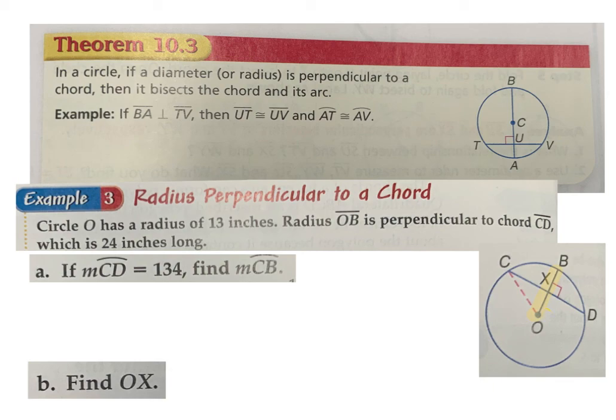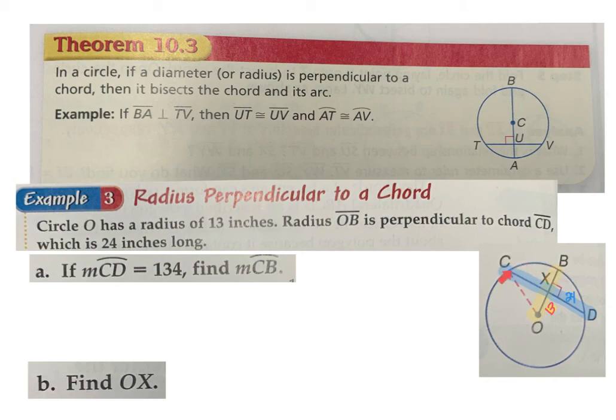So this radius is 13 inches here. And I will write it darker because that did not show up. 13 inches. And then they have also told us that the chord CD is 24 inches. So 24 inches for that. They want us to find CB, all right?